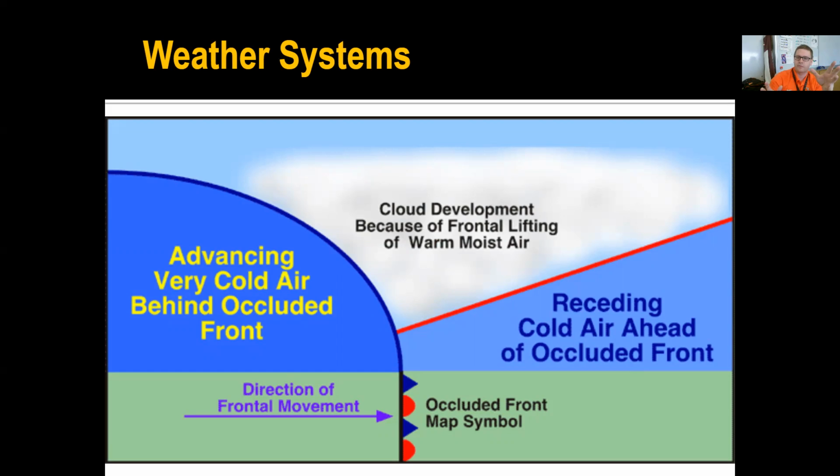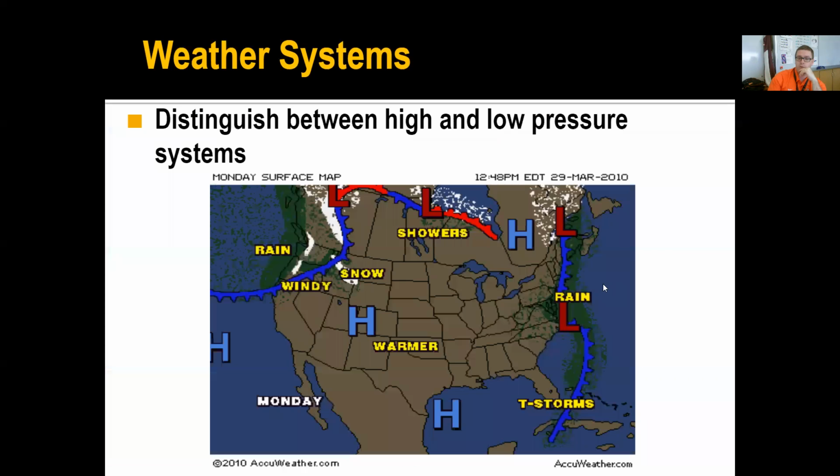The big thing with occluded fronts, it's like cold air coming into cold air, but one section of cold air is moving slower. It's like when you're driving on the highway and you get in the fast lane and somebody's going very slow in the fast lane, and then you get stuck behind it. That's what's going on here with an occluded front.